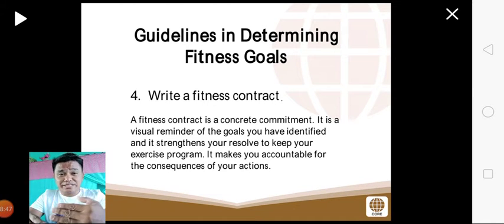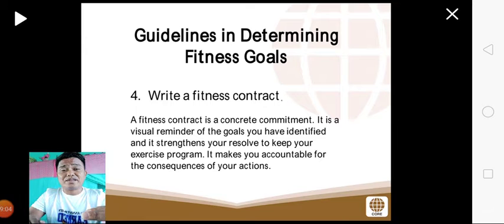Basta, you are committed. Same na gyapon na sa inyong relationship. If you are committed, dili na kinahanglan og pirma-pirma, contract, a piece of paper, then sign, both of you. Kani gyapon same ra gyapon sa atong fitness goals. Write a fitness contract. If you are committed in what you're going to do, pwede mo magbuhat.